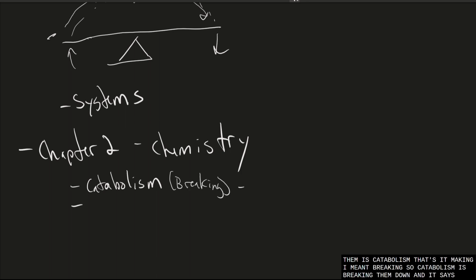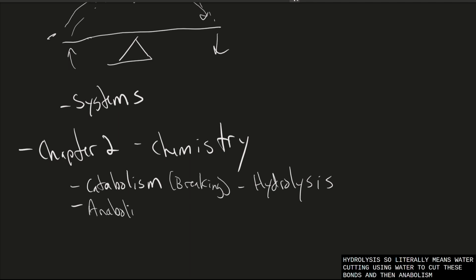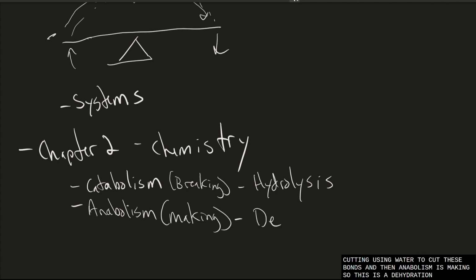And breaking them down is known as hydrolysis. So literally means water cutting, using water to cut these bonds. And then anabolism is making. So this is a dehydration reaction, at least in our body. Remember, there are the big generic terms of synthesis and decomposition reactions, and there are exchange reactions which do a little bit of both.